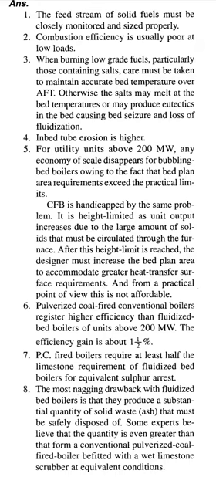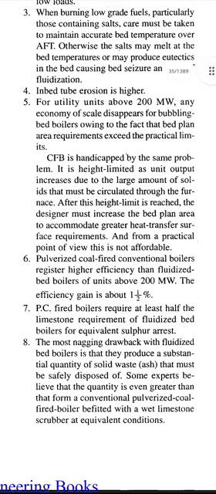For utility units above 200 megawatt, any economy of scale disappears for bubbling bed boilers, owing to the fact that bed plan area requirements exceed the practical limits. CFB is handicapped by the same problem.